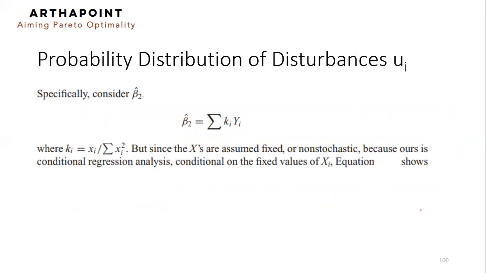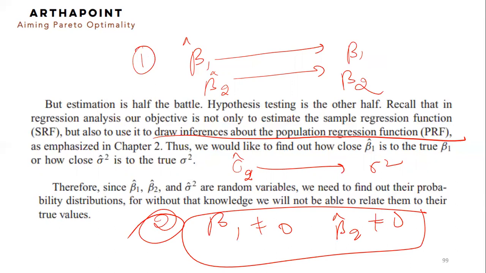To do any of those, the first stepping stone is to understand the probability distributions. Because beta 1 hat, beta 2 hat, and sigma square hat are random variables, they have probability associated with them: with this much probability, beta 1 hat will be this much. We have to find their probability distributions.